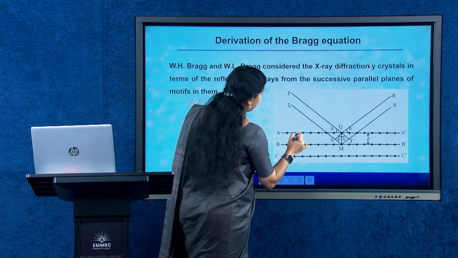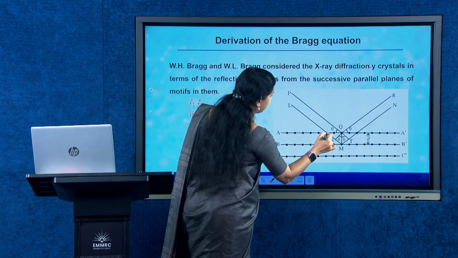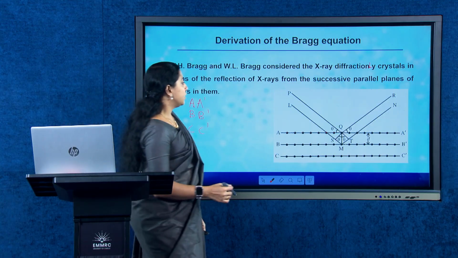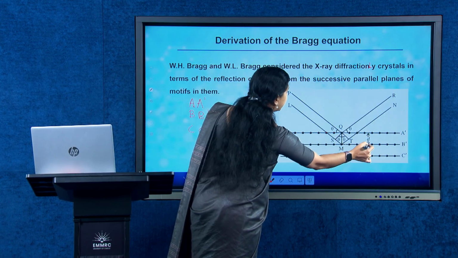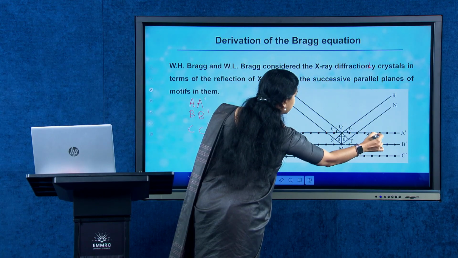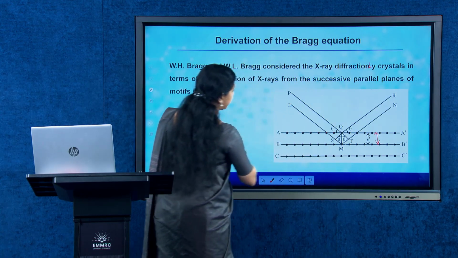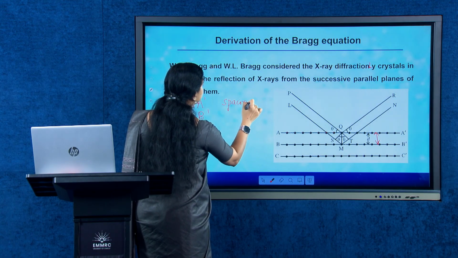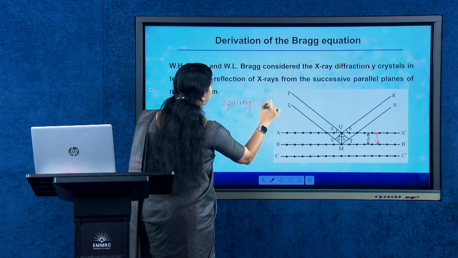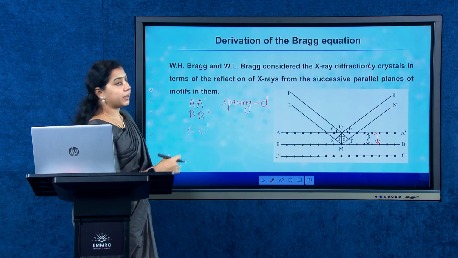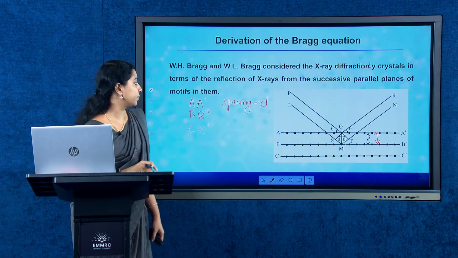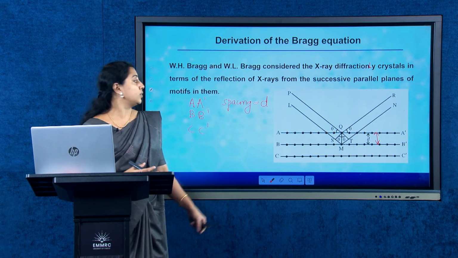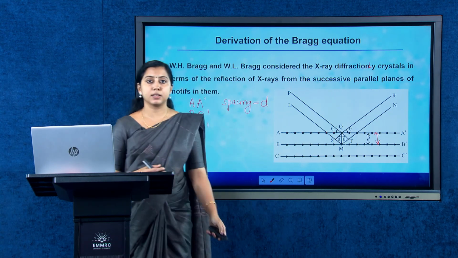On each layer you can see the motifs or the structural units represented. Okay. And let the spacing between two adjacent layers, for example, A dash and B dash, be equal to D, or the interplanar spacing is equal to D. Okay. Now, we can see that the X-rays fall on these crystal planes.